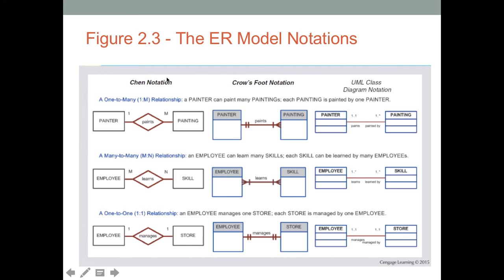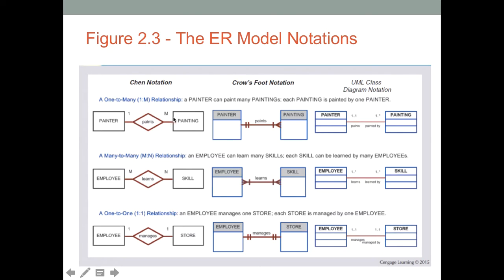So first one is called the Chen notation. This is actually the earliest notation, I think developed in the 1970s. In this notation, the connectivities, if it's a one-to-one, one-to-many or many-to-many relationship, are written, as you can see, next to each entity box.